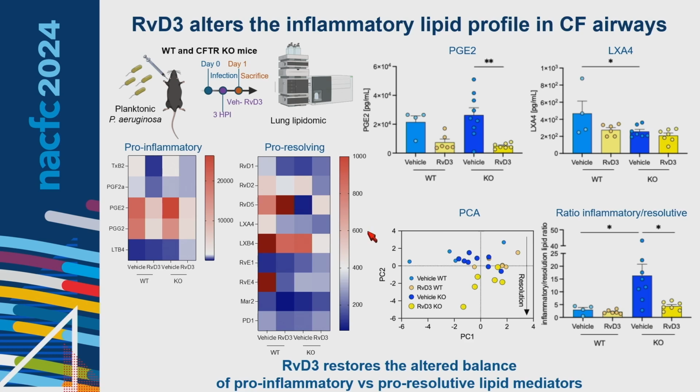So in the end, what I'm trying to say is that our treatment with resolvin D3 restored the altered balance between pro-inflammatory and pro-resolving lipid mediators that we observed in KO mice, thus shifting the inflammatory response in CFTR KO mice toward resolution, as you can appreciate by the principal component analysis reported here.